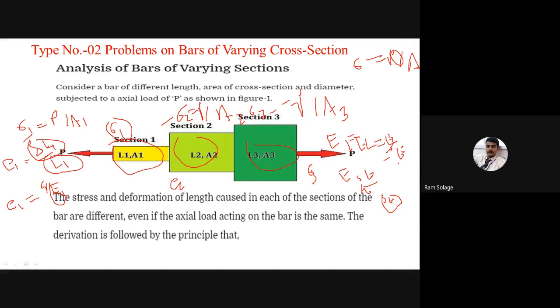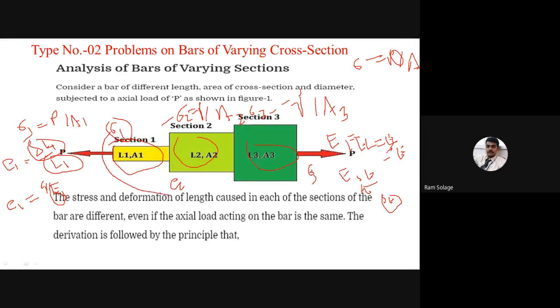Next, we have to calculate the value of strain for section number 1. We have calculated the strain for section number 2 as well. Now we have calculated sigma 1, sigma 2, sigma 3, and the strains E1, E2, E3 in section 1, section 2, and section 3. Now how to calculate the elongation for the whole rod?